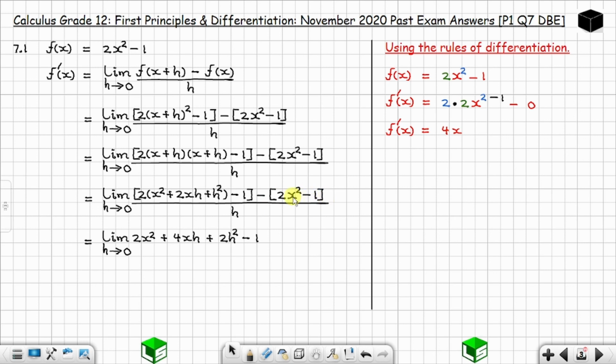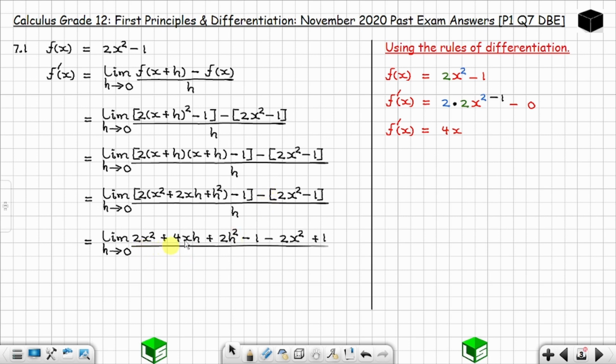So what we are going to do is to change the signs inside. You have a positive in front of 2, so it will be negative 2x squared, and then this will become plus 1, because there is negative 1 in front of the square bracket. I hope you can see that.